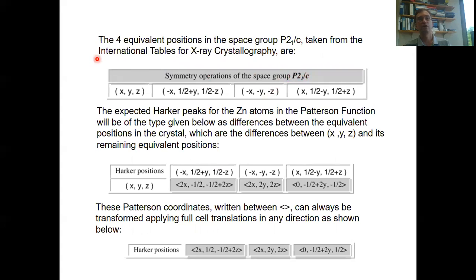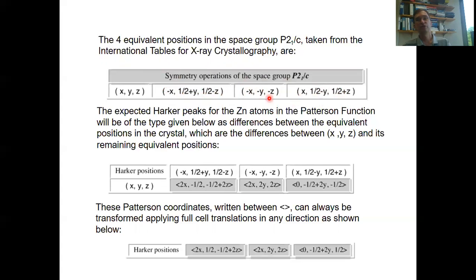Okay, we can look into the International Tables for Crystallography and find that for a general position x, y, and z, due to the presence of the symmetry elements 2-1 and c, that same atom, and we assume that this is now the zinc atom, is also located at the positions minus x, half plus y, half minus z; minus x, minus y, minus z; and x, a half minus y, a half plus z.